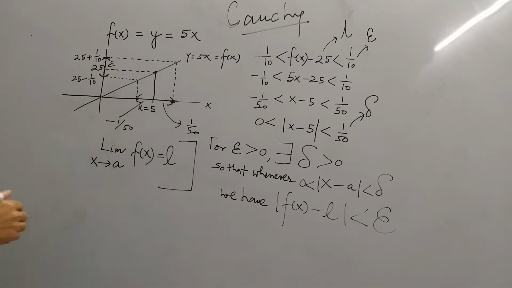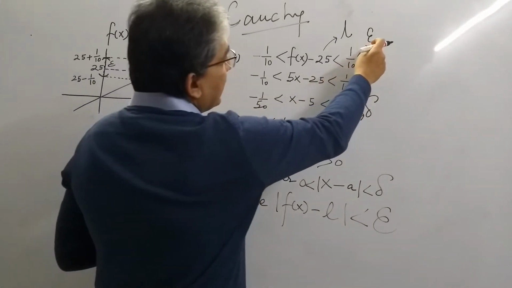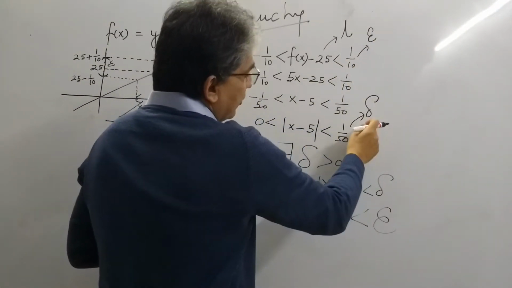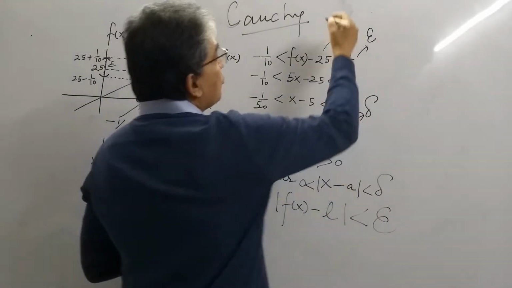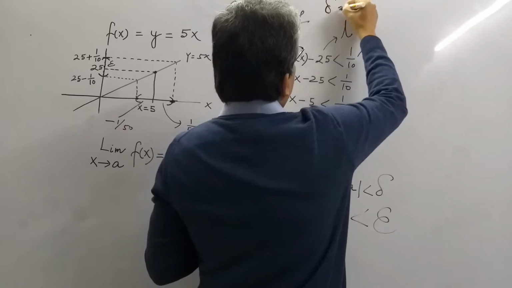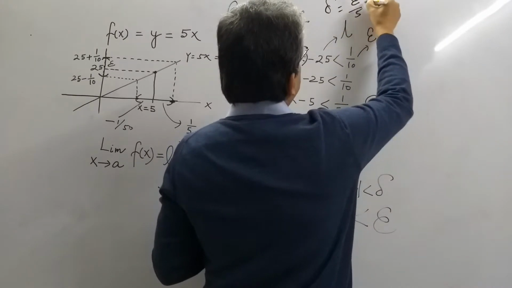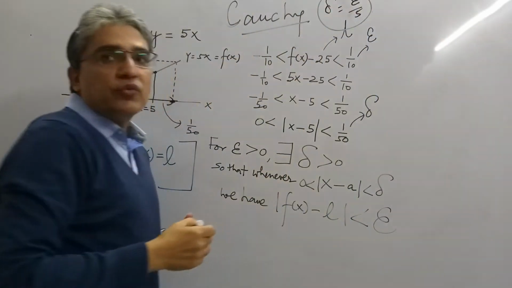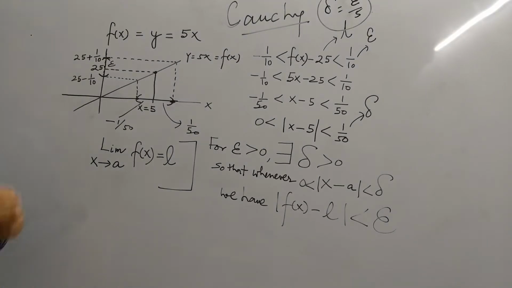And what you find interesting is that our epsilon was 1 by 10 and our delta was 1 by 50, so our delta was 1/5 of the epsilon. So we exactly define our delta and the epsilon.